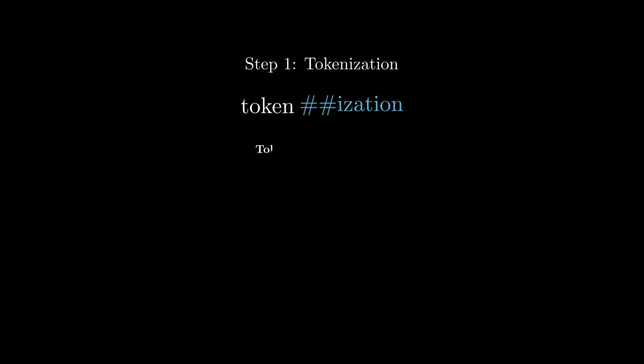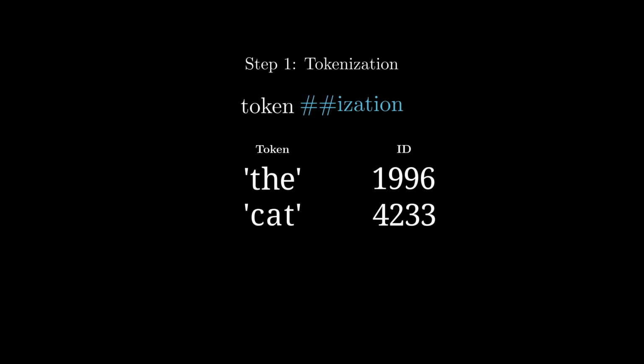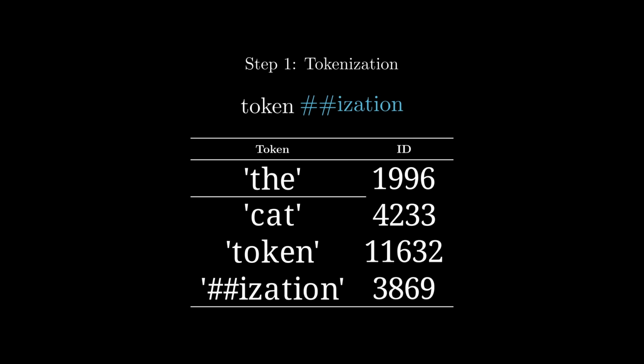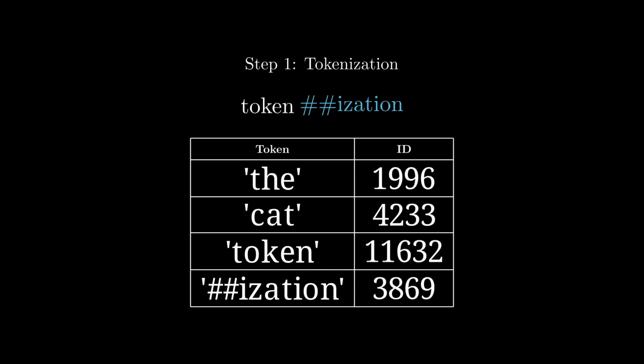How does the model convert these strings, token and ##ization, into a format it can use for mathematical operations? For this, the model relies on a predefined dictionary, which we call its vocabulary. Think of it as a massive lookup table created during the pre-training phase. This vocabulary contains every single unique subword token the model knows, and each one is assigned a unique integer ID.